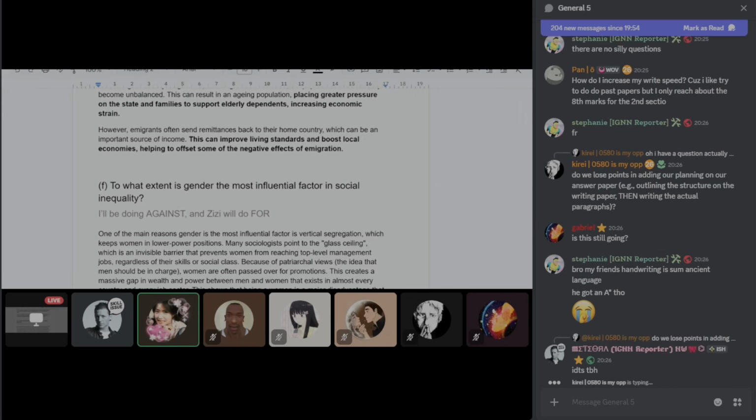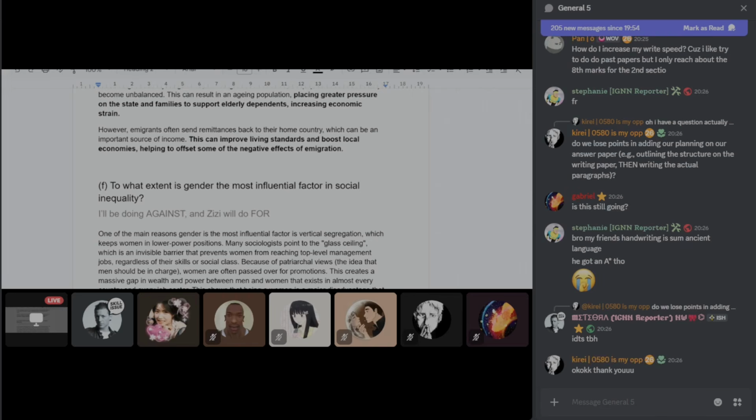I think if I'm not wrong, you can annotate on the question paper, and you do not lose points. But it's best to be safe and write your planning points on the question paper. I personally do it in pencil, and then once you're done planning your points, you can put it in the writing area.